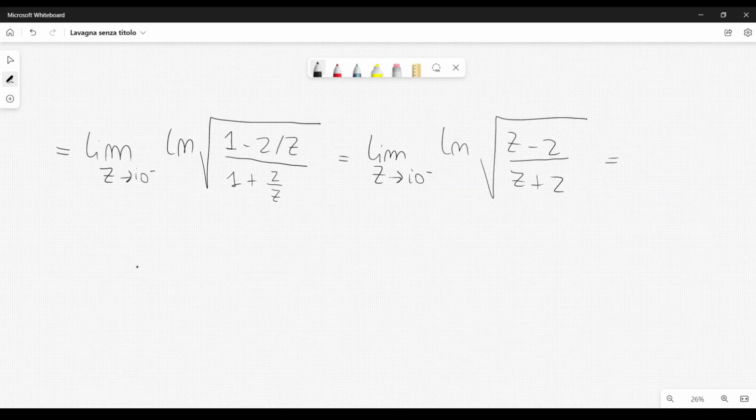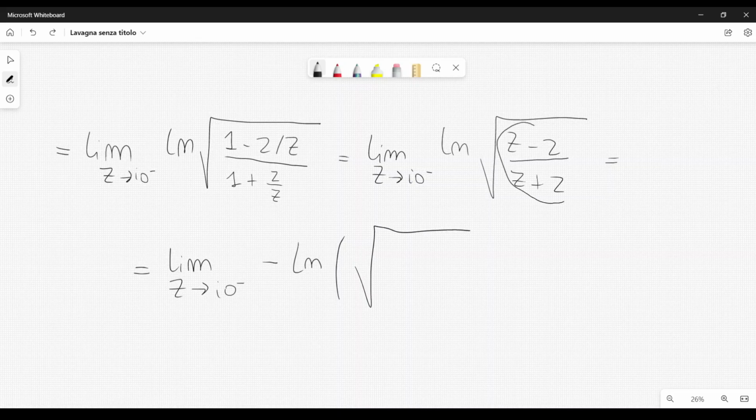And this can be rewritten like this, equal to limit as z goes to I0 minus, and then here I can put minus log of the square root of the reciprocal of this fraction, so I can rewrite it as z plus 2 divided by z minus 2.